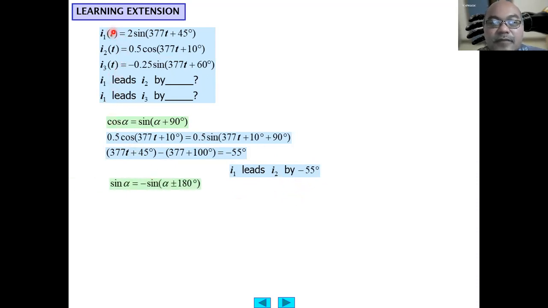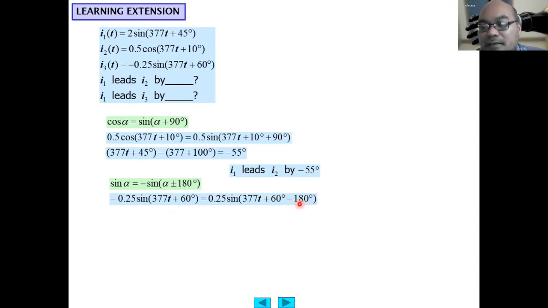Then between I1 and I3, we have to convert this negative amplitude into positive amplitude using this identity: minus sine alpha equals sine alpha plus or minus 180 degrees. So minus 0.25 sine 377t plus 60 degrees equals 0.25 sine 377t plus 60 degrees minus 180 degrees. In order to have the phase below 180 degrees, we subtract 180 degrees.